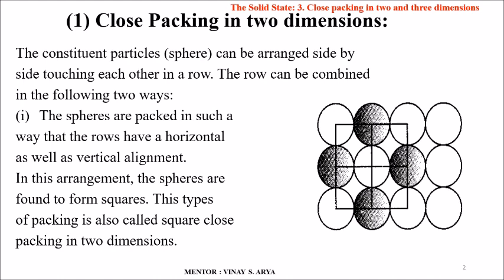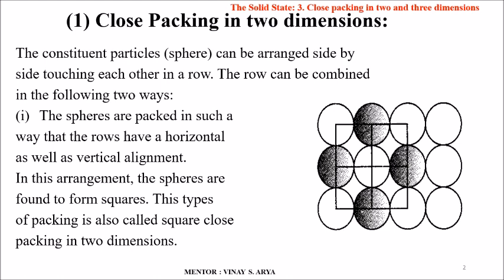Coordination number is nothing but the number of atoms which are directly joining the reference atom. So here that white atom at the center is joined to 4 atoms directly, and those 4 atoms, their centers are there in the geometry which is formed. So that is coordination number 4.